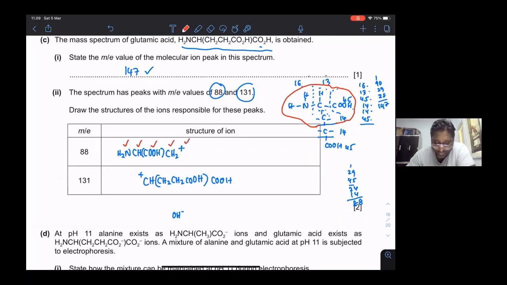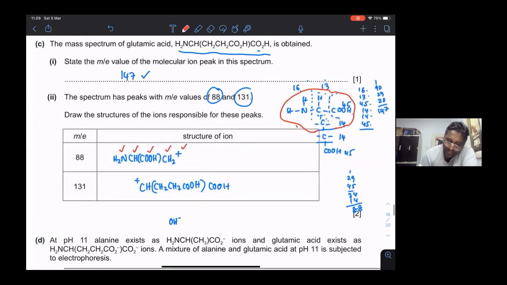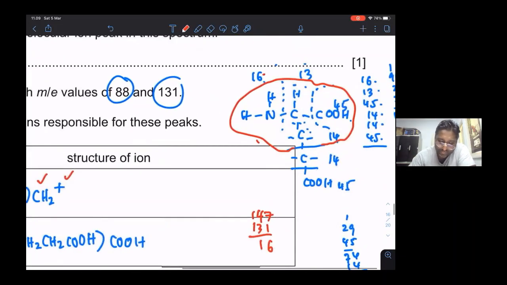That's 88. So now 131. How do I get that? The 147 is going to help us with that. If you want 131, what's the difference? You find out first, bigger number minus smaller, so the difference is 16. So it must be something that doesn't include that NH2.